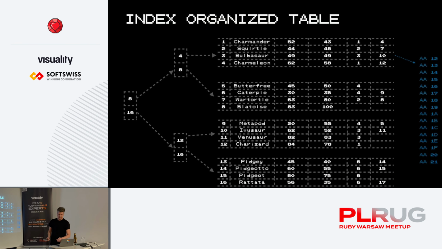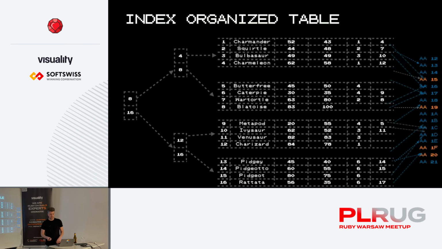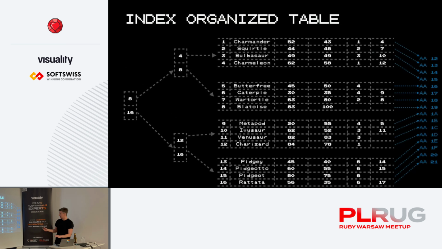And someone thought that, hey, if our records are scattered around, it will be quite hard to find a group of them, right? For example, we want, for some reason, to get all the Pokemons which have ID 5 to 8. And it turns out that they are scattered all around the disk. What if we do something like this? The records that are in our table are also next to each other on our disk drive, right?